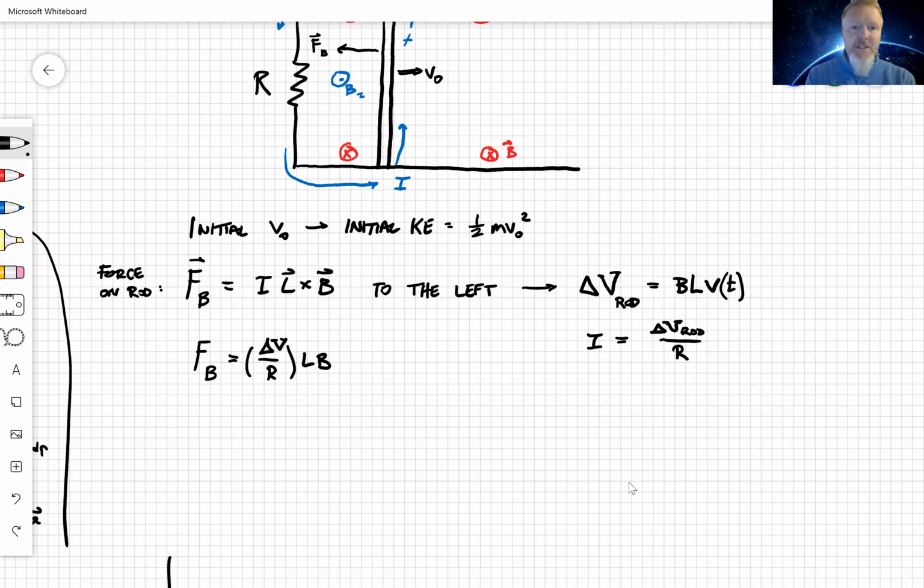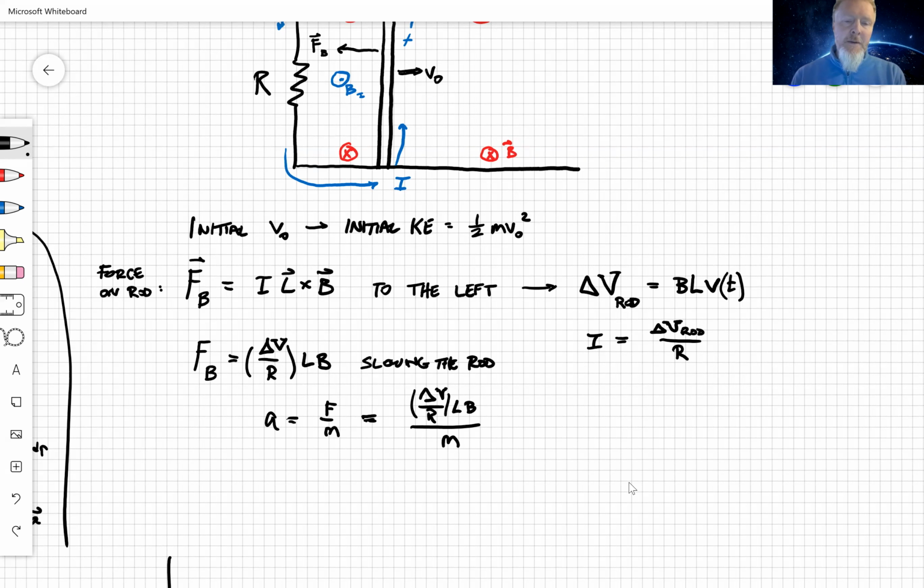So this is the force that is slowing the rod. Okay. So that means that the acceleration of the rod must be F over M, and that means it's basically this potential over R LB over M. This must be the acceleration of the rod, right?